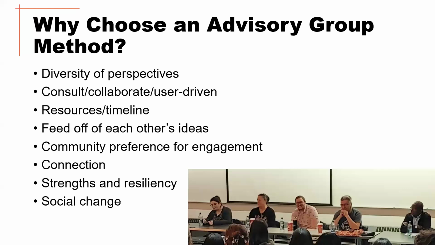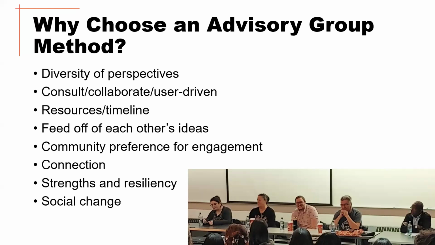And people may choose to do an advisory group for a variety of reasons. Some of them might be to ensure that you're getting a diversity of perspectives when you're making these big decisions around research. You may be thinking about the consult, collaborate, or user-driven level of engagement, and that you really want to engage a group as an advisory.